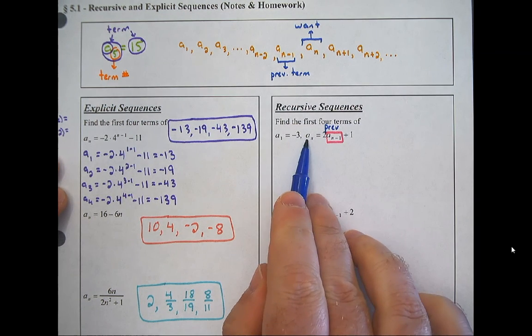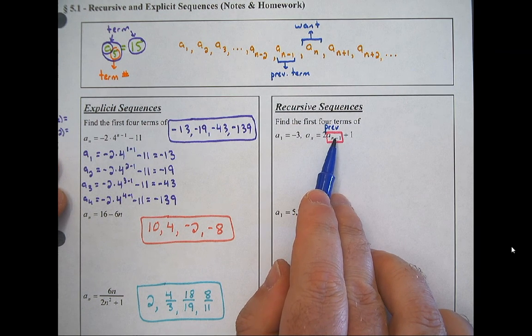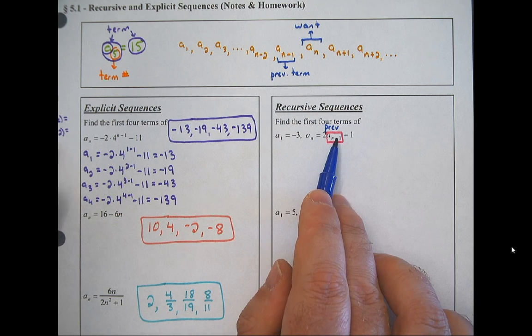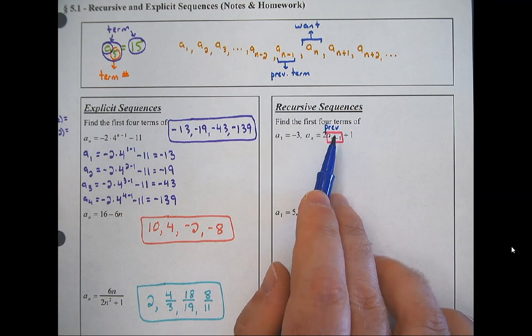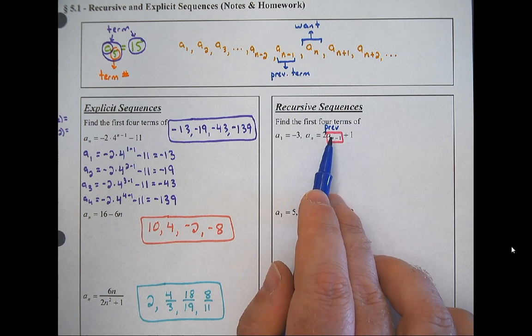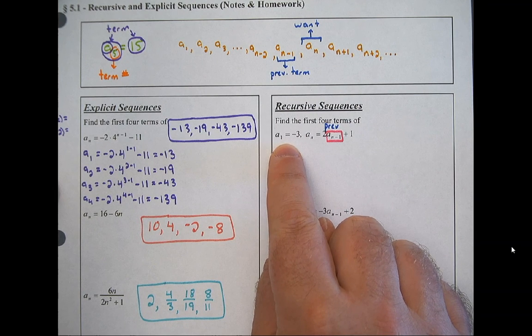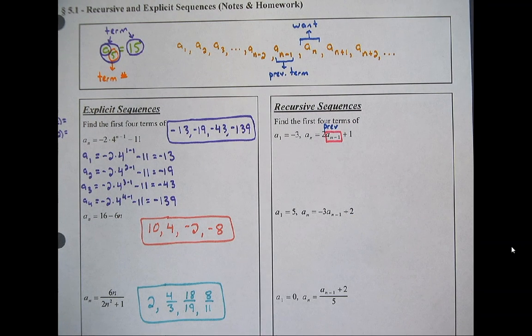So if I want the fifth term, this is the fourth term, the term before the fifth term. If this is the 11th term that I want, then the previous term would be the 10th term, okay? So this just means what was the answer before the one that you want.